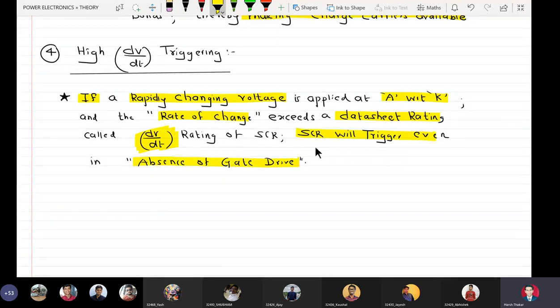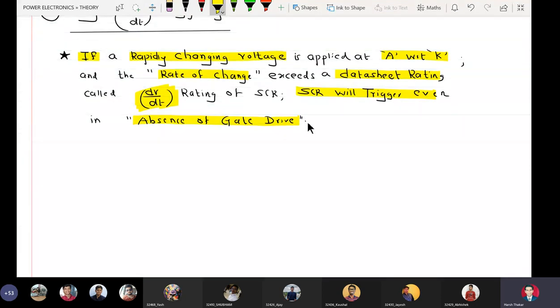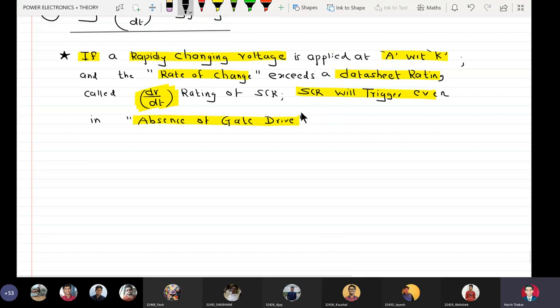Absence of gate drive means I don't want to trigger the SCR, but even then, if a rapidly changing voltage accidentally appears at the anode with respect to cathode, it is called false triggering.